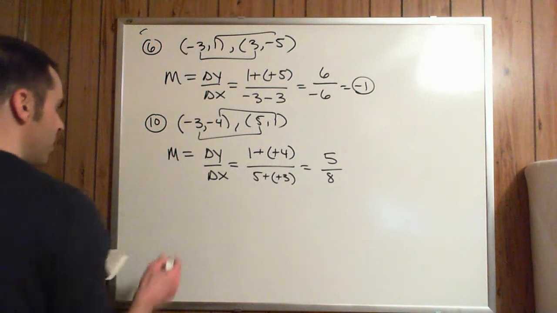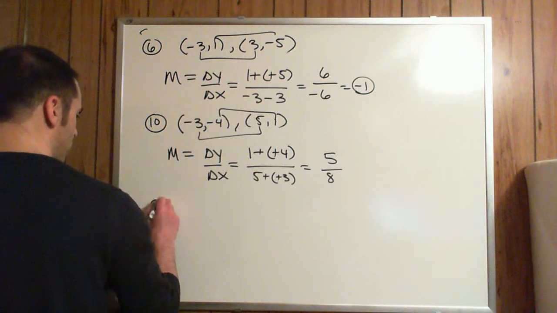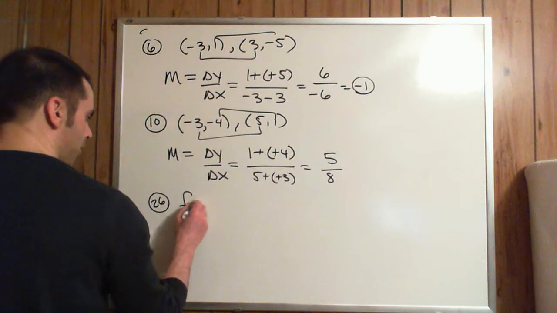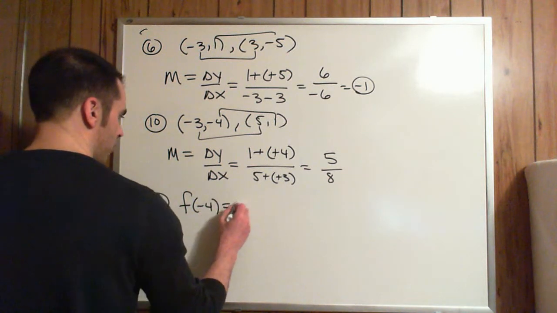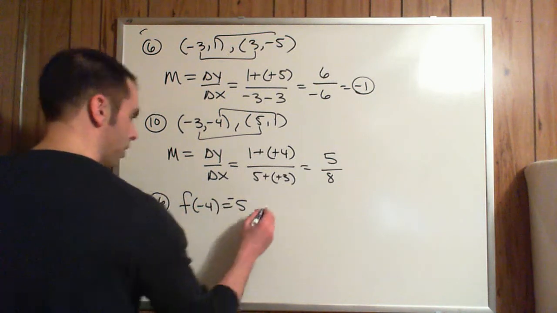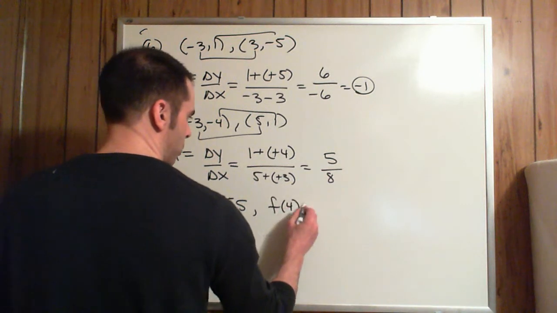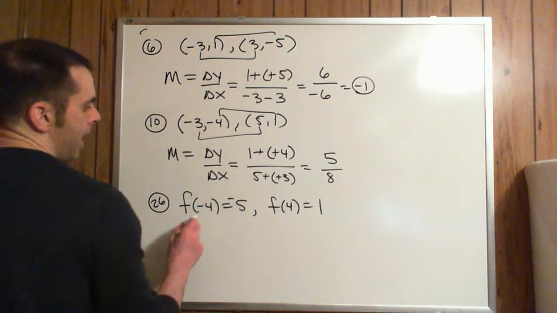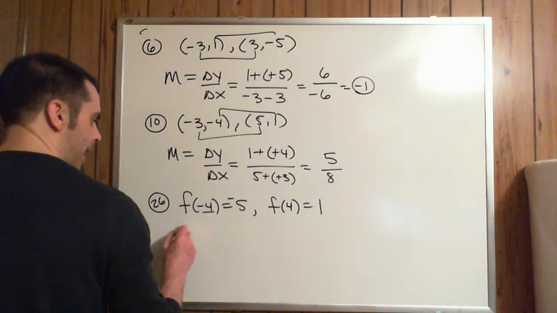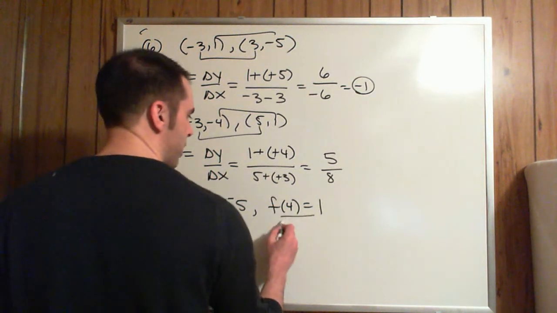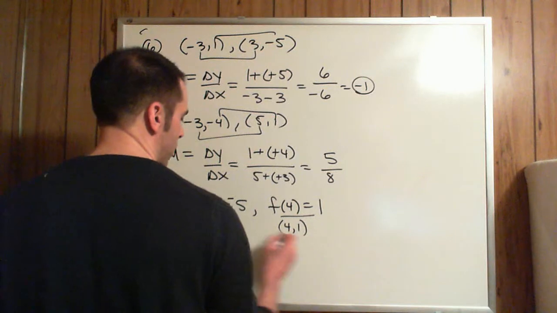You also may see 2 points represented in this notation, number 26. F of -4 equals 5, and I believe that's -5, and f at 4 equals 1. Well, this is function notation. And this means that when x is negative 4, y is 5. This means when x is 4, y is 1.